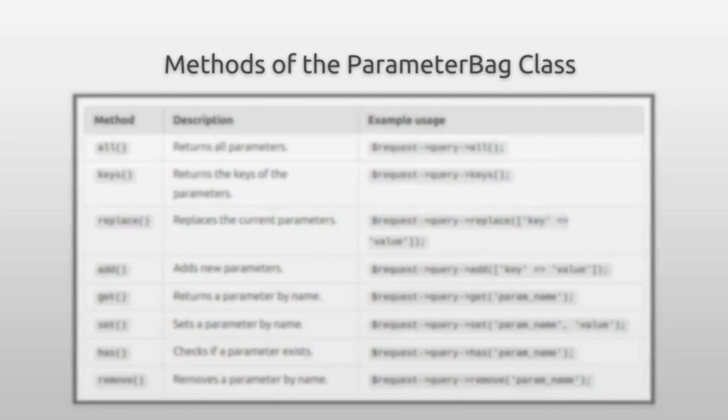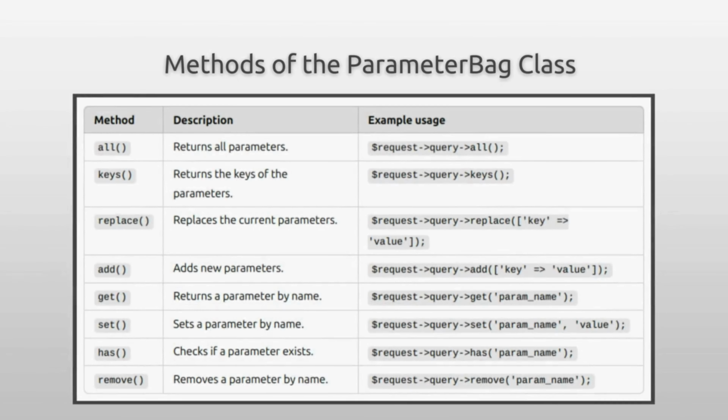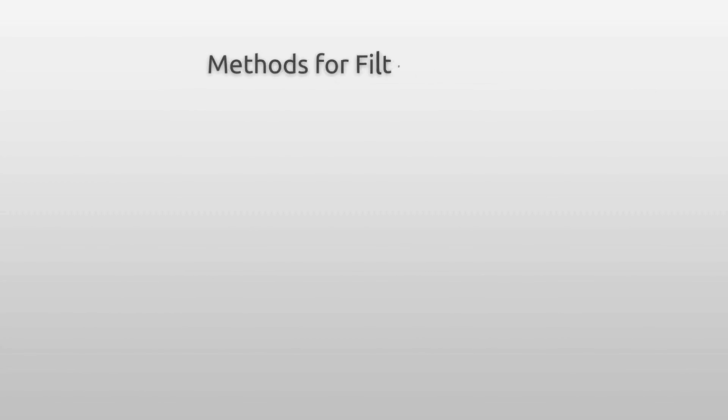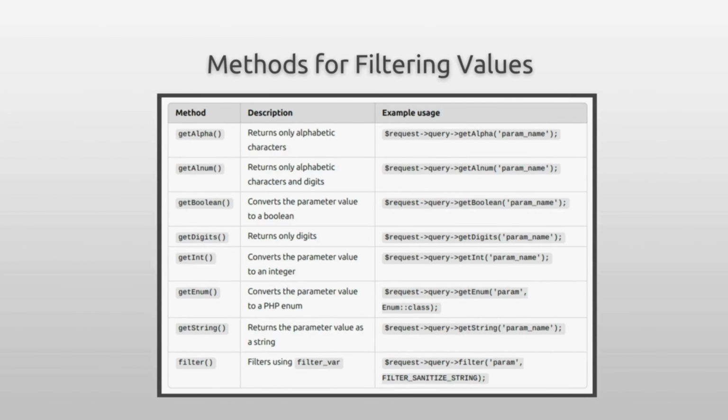Methods of the ParameterBag class. Each of these classes provides methods for retrieving data, and for manipulating the parameters, such as adding new values, replacing existing ones, checking if a parameter exists, and removing parameters. Methods for filtering values. In addition, the ParameterBag class provides methods to filter and convert the values of parameters.